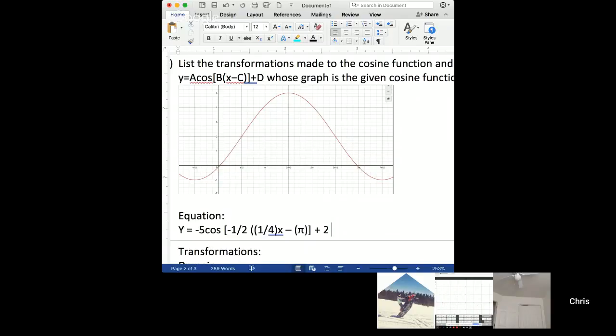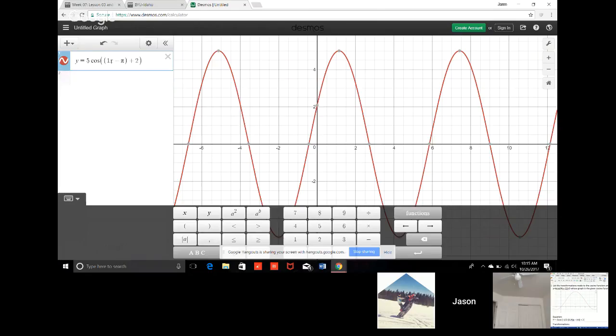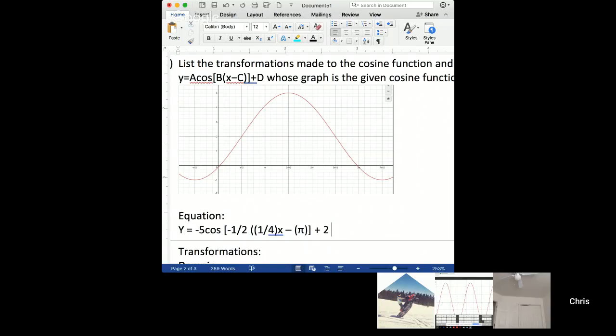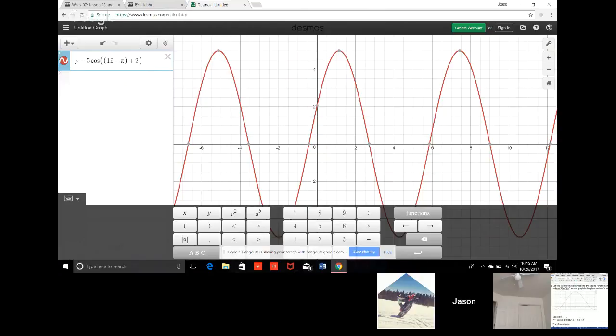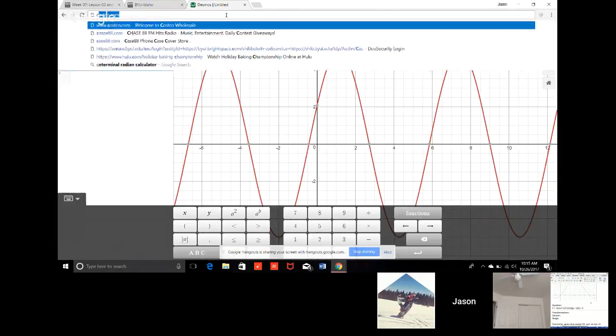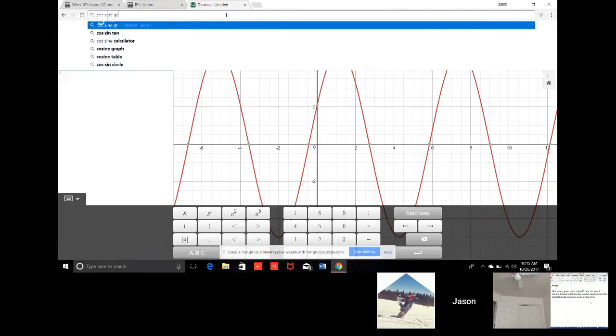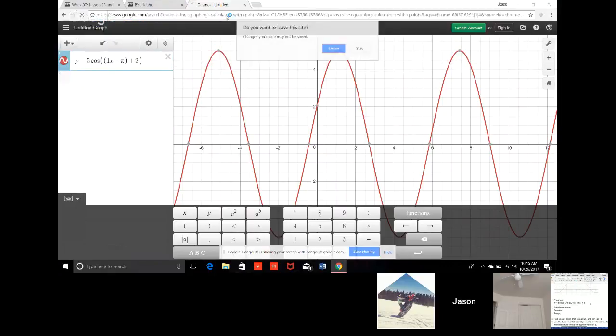Oh my gosh. Another 50%. Here we come. I hope not. Oh man. I wonder if there's a way to put cosine here with point.